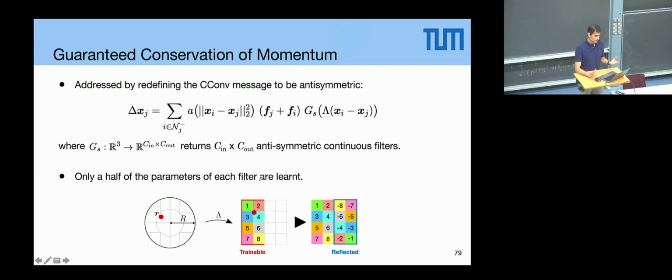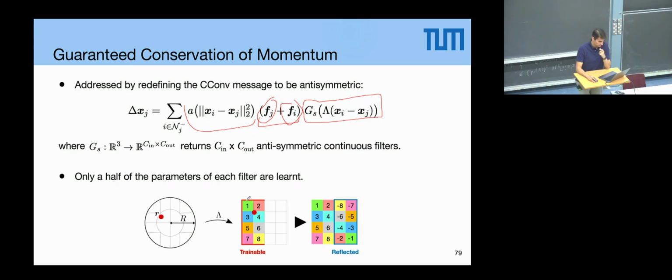So we can take that function and modify it slightly so that the antisymmetric condition is satisfied. Now instead of just having the features of the neighboring node, we also have the features of the receiver node. So now this will be symmetric if we change j with I and I with j. This was already symmetric before. And this we can impose to be antisymmetric by choosing an antisymmetric kernel. How do we do that?